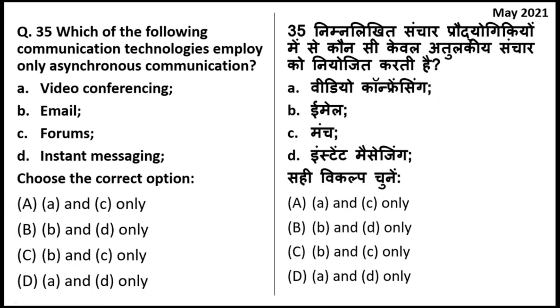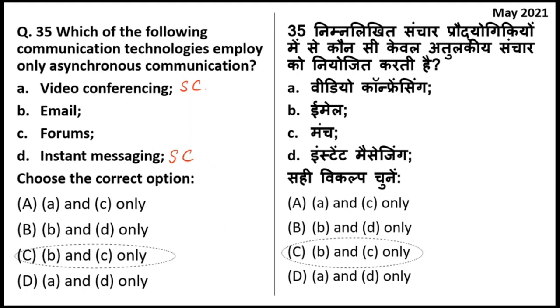Which of the following communication technologies employ only asynchronous communication? Video conferencing, email, forums, instant messaging. Asynchronous communication means people who are communicating are present at different space and time. So here the answer is email and forums, B and C, because video conferencing is synchronous communication and instant messaging is also a kind of synchronous communication.